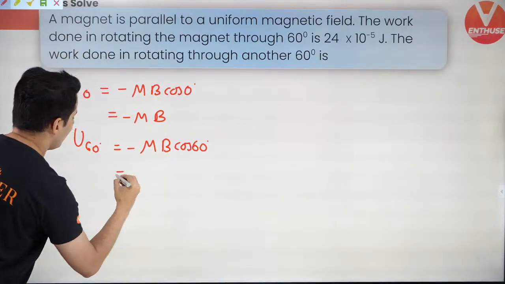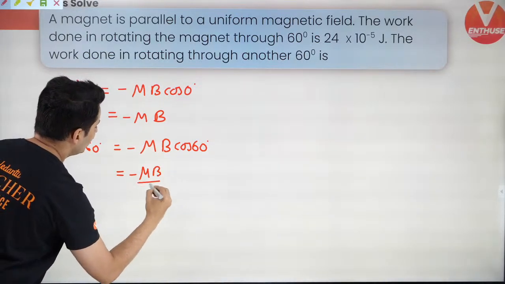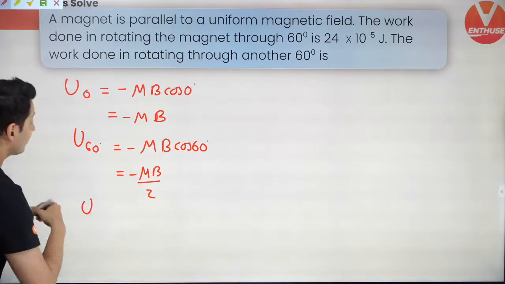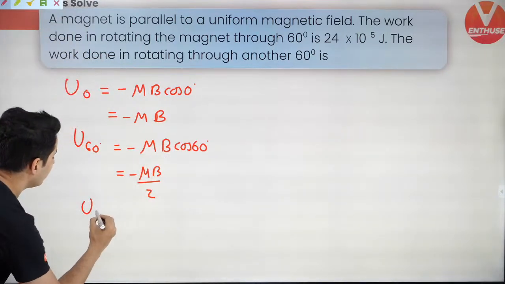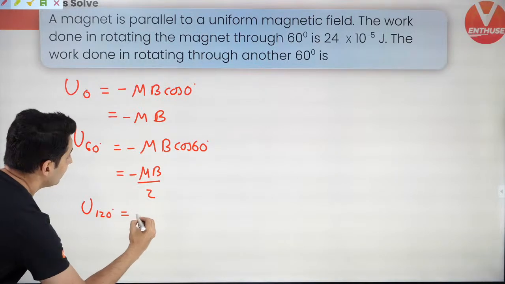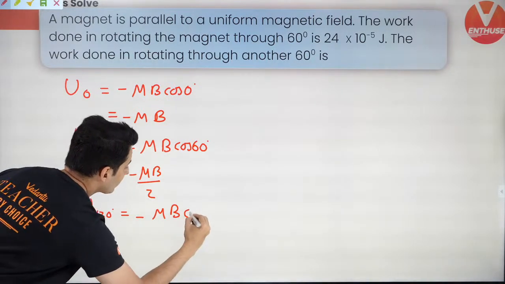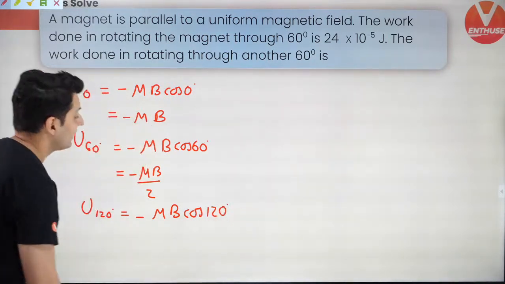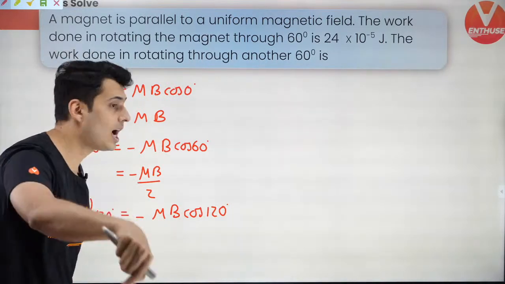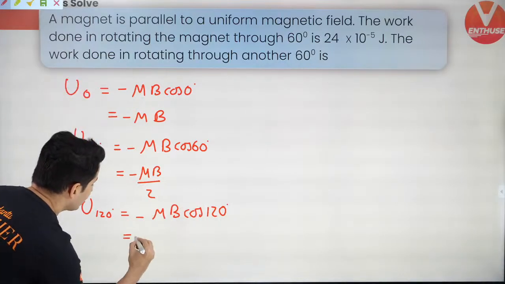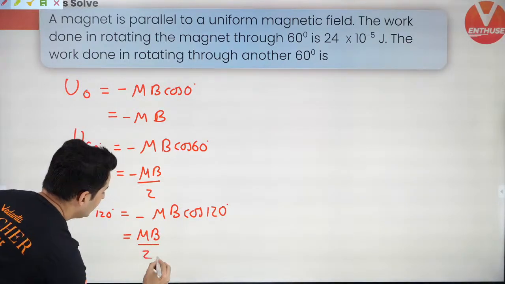Cos 60 is half, so it becomes minus MB by 2. When you further rotate it by 60, the angle will be 120 degrees, so minus MB cos 120. What is cos 120? Minus half. Minus minus becomes plus, so it will be plus MB by 2.